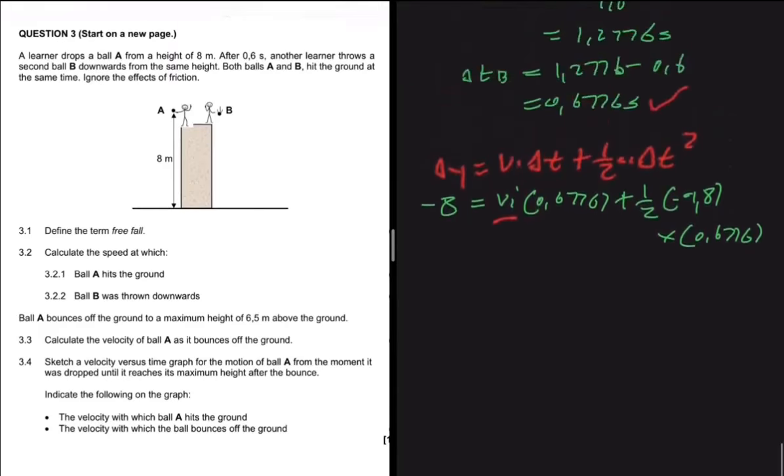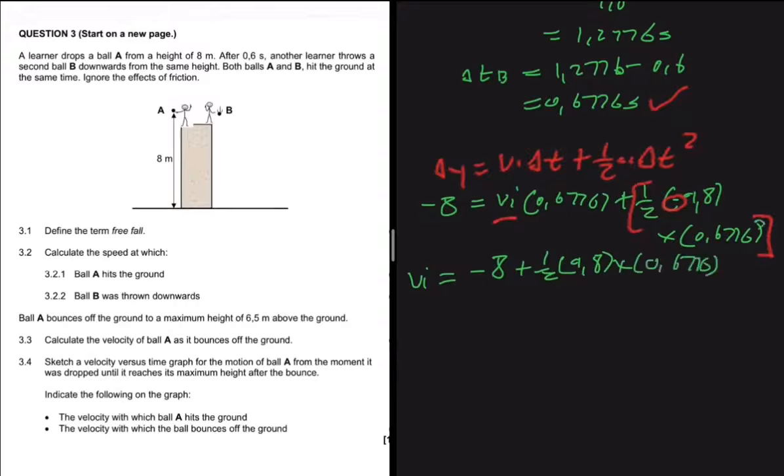So if we make VI the subject of the formula, we're going to get VI being equal to minus 8, and then we take this term here to the left hand side. If we take this term to the left hand side, then this minus here will be a positive, right? So we're going to have minus 8 plus a half multiplied by 9.8 multiplied by 0.6776.